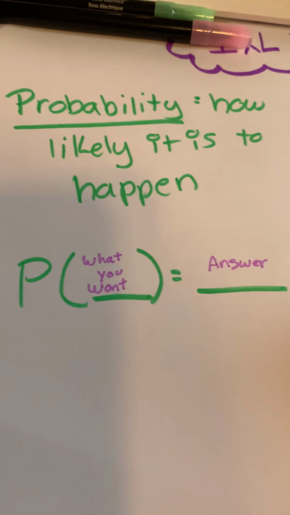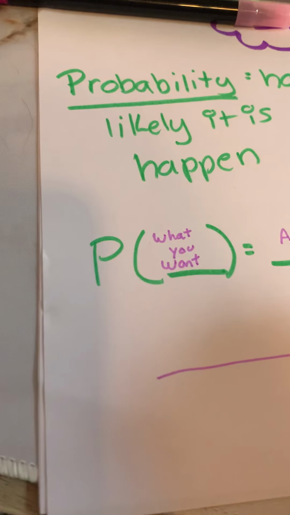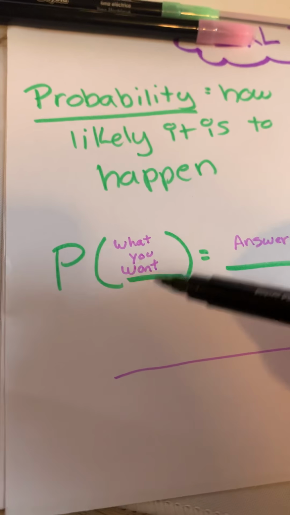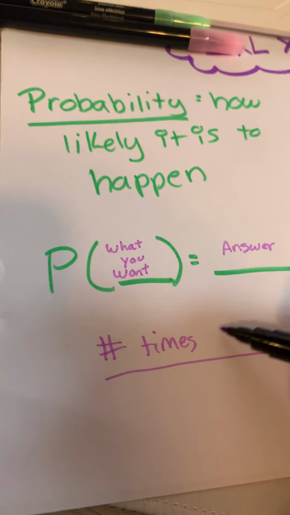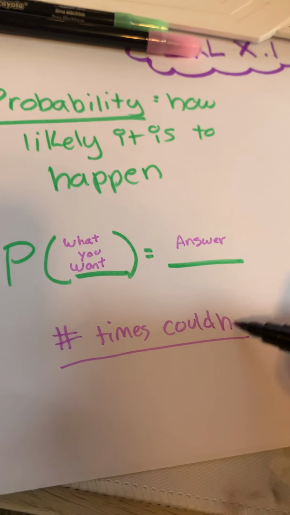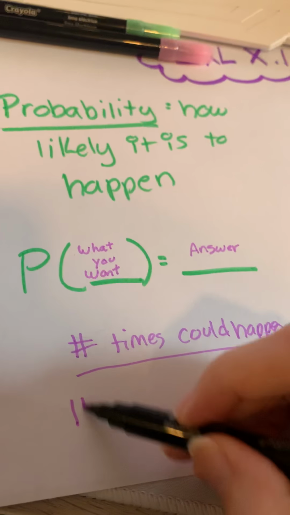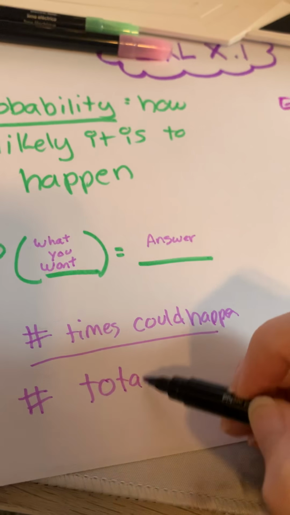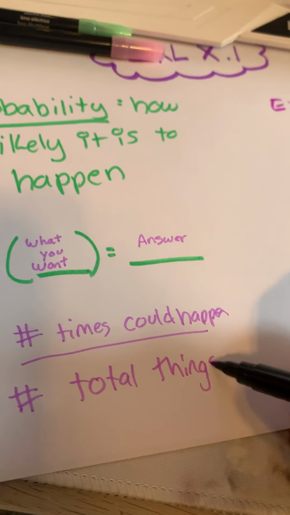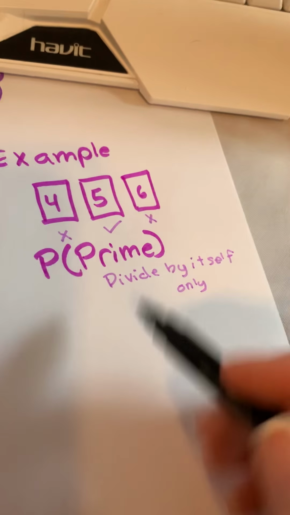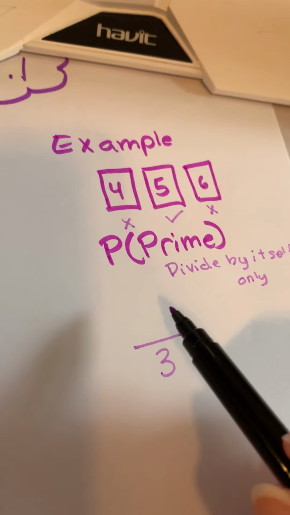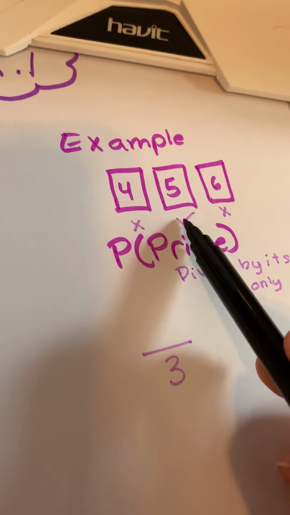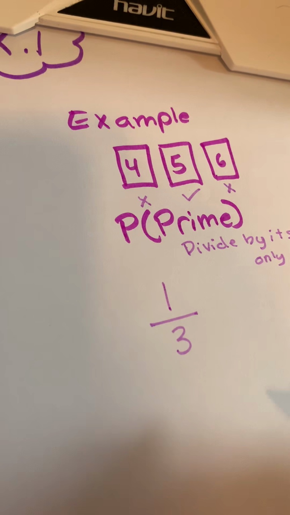So if we go back over here, the formula for probability is at the top, the number of times your thing could happen. On the bottom, you put the number of total things. What's the total number of things that you could get? So over here, our total, we have 3 cards. So on the bottom, we'll have a 3. Now for prime, it only happened 1 time, so we're going to put a 1 on the top.